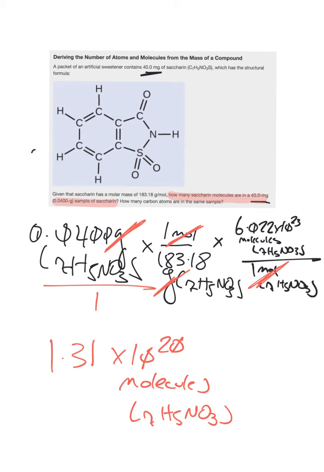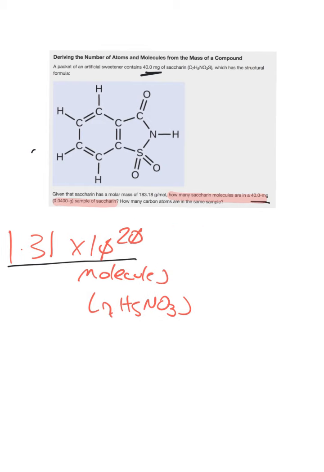So, for the second part of the problem, all we're doing is trying to find the amount of carbon atoms that are in the sample. So we already have the total number of molecules, and we can create a conversion factor here. The only thing to consider really is we look at the formula and we say for every one total molecule, there's 7 carbon atoms.